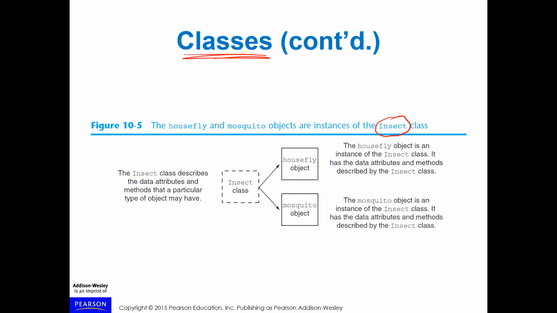It's only the additional little things that provide efficiencies that make it a little bit more complex. So the insect class describes the data attributes and methods that a particular type of object may have. Let's say we create the insect class. From there, we can create instances of the insect class, such as the housefly object and the mosquito object.